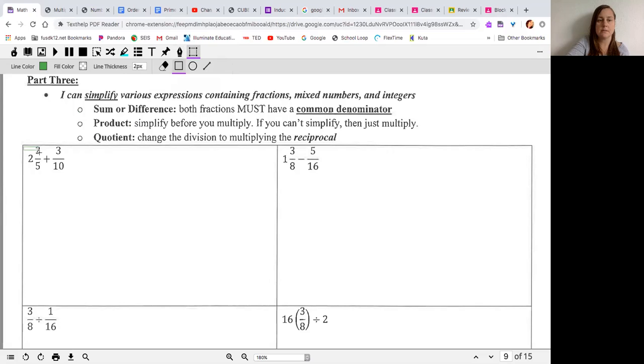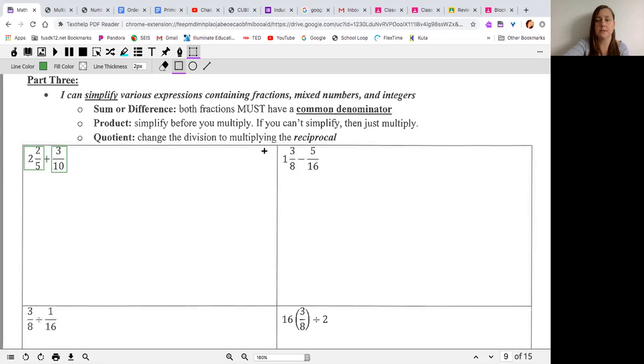Right, so I want to box my terms, make sure that I am understanding that 2 2/5 plus 3 over 10, that 2 2/5 is a mixed number. It's not 2 times 2 over 5. That can be confusing. So it is important to box our terms. It's a plus.